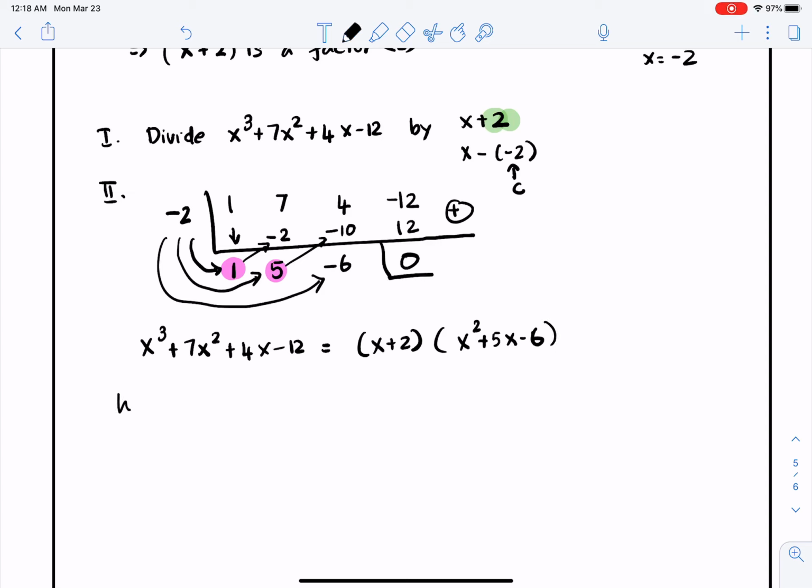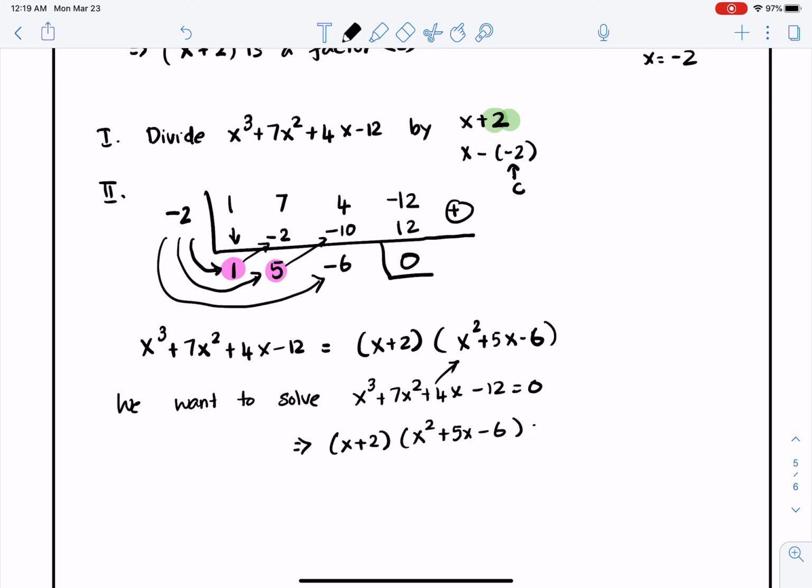So we want to solve the polynomial equals 0, but we realize that we can write that in terms of the factored form. So x plus 2 times x squared plus 5x minus 6 equals 0. These are one and the same.